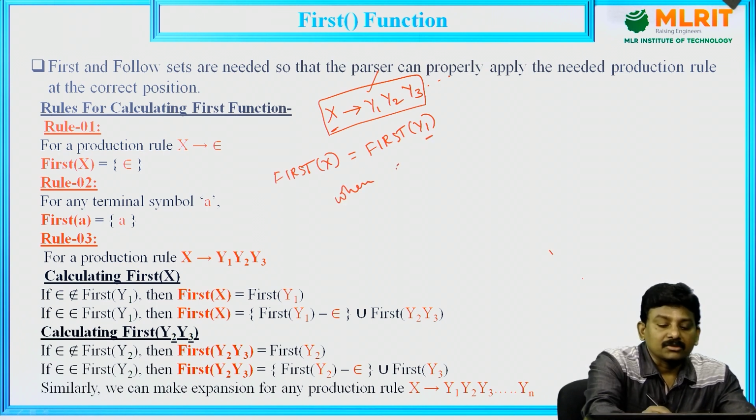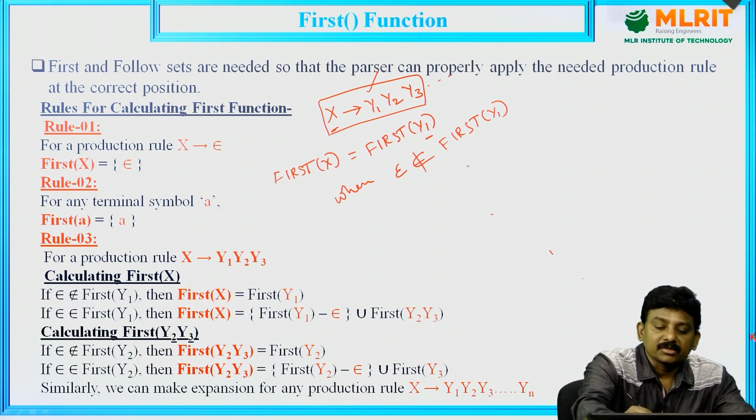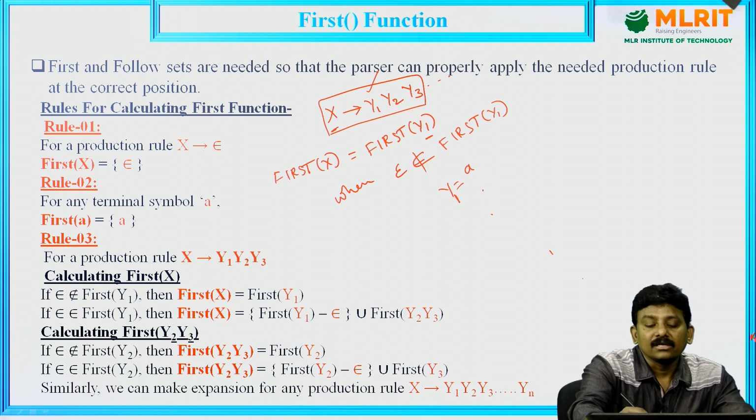First of X is equal to first of Y1 when epsilon does not belong to first of Y1. Suppose Y1 is a non-terminal: first of X is first of Y1 only if epsilon does not belong to first of Y1. If Y1 is a terminal symbol, for example Y1 equals a, then first of Y1 is a only.